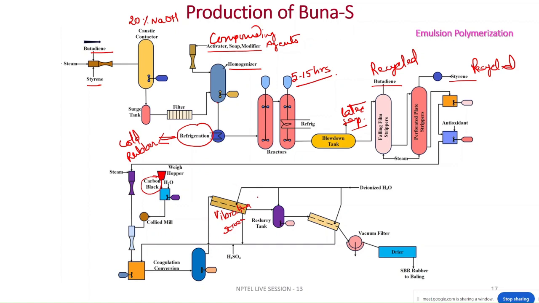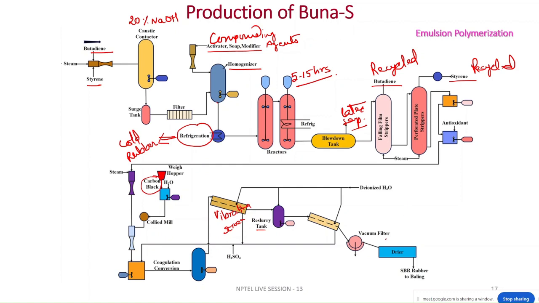From the vibrating screen, the watery portion and the solid portion are separated, and the solid is sent to the re-slurry tank, where it is again passed through a vibrating screen to further separate the rubber from the latex.